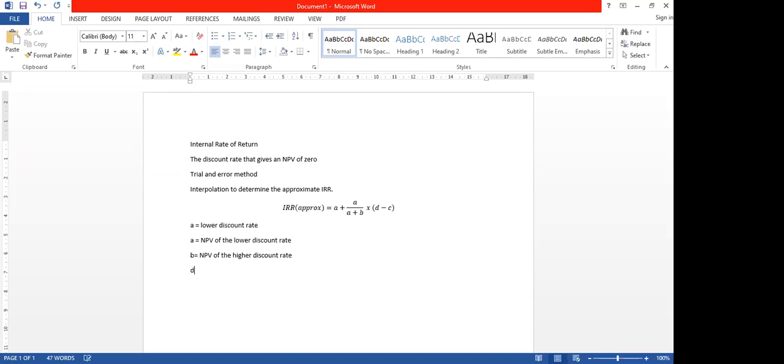Then D is the higher discount rate. And then, I'm going to change the notation, let me just use D here only. Then D is the difference between the lower and the higher discount rate.